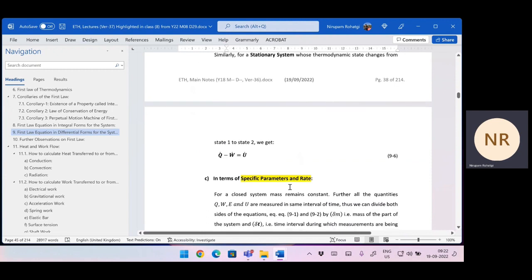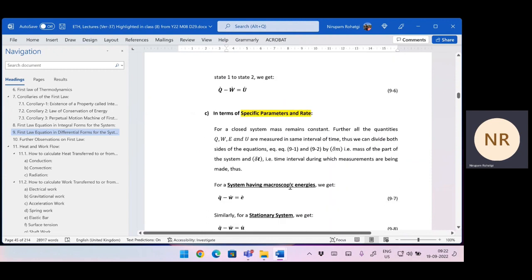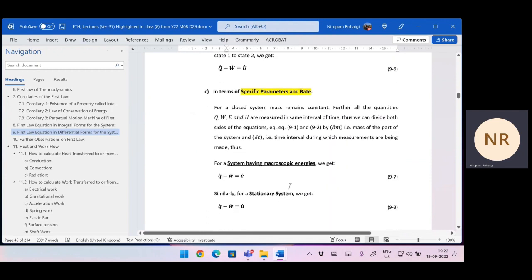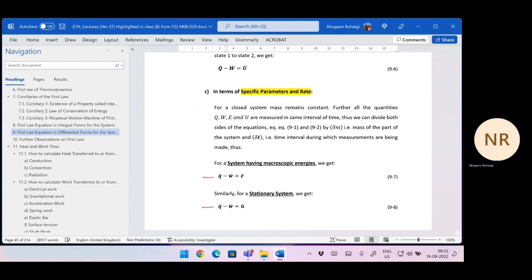And if you are dividing by both, it will be this. So either you are taking part of the system or part of the process, the first law applies.